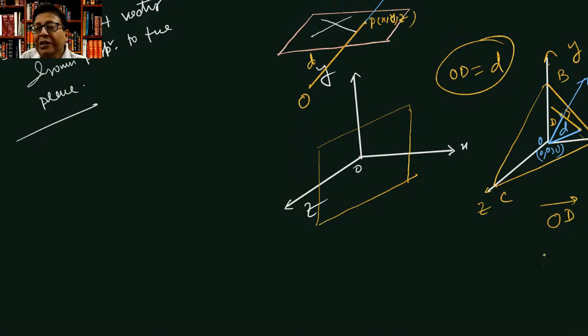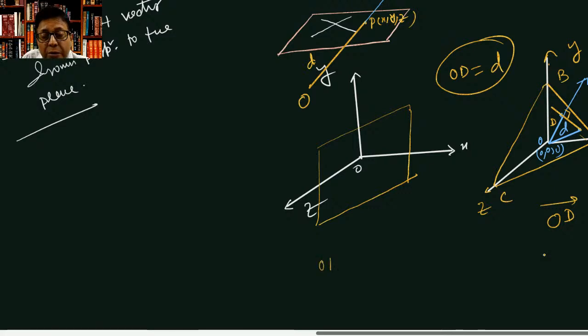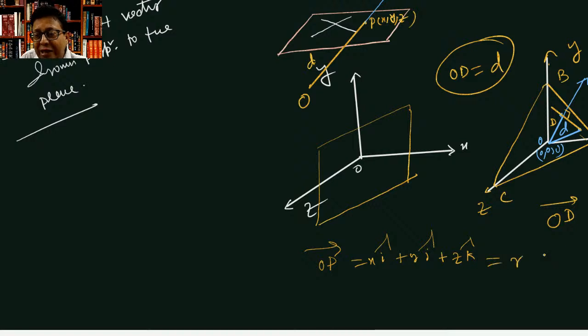So, OD you know, OP you know. OP is what? OP is xi plus yj plus zk. This we are taking as R. So, what about DP?